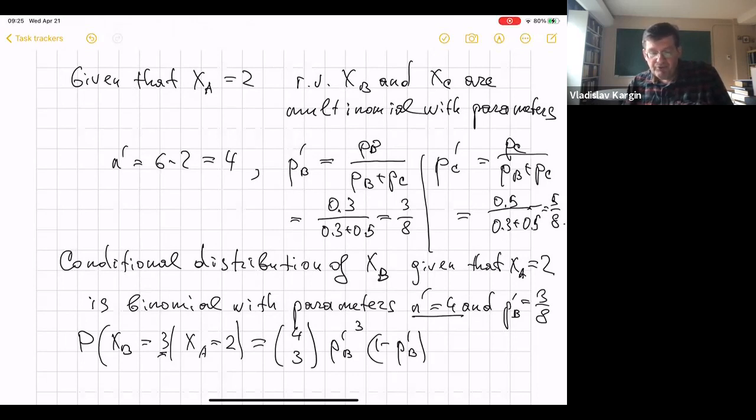So it's equal to 4 choose 3, times 3/8 to the power of 3, multiplied by 5/8 to the power of 1. You can calculate it, and it will be equal to something.